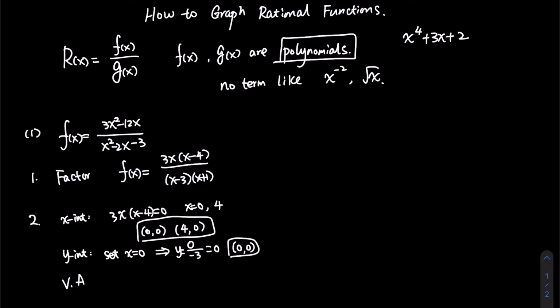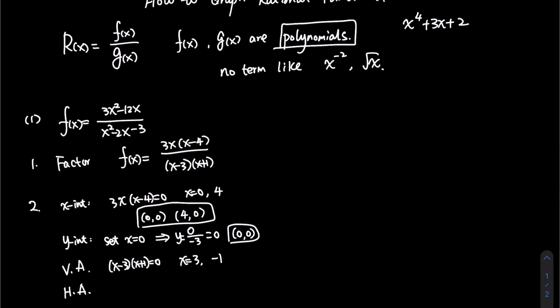Vertical asymptote. Why is there a vertical asymptote? x cannot be that number because when x equals that number, the denominator equals 0. So we set the denominator equals 0. So x equals 3 and negative 1. Horizontal asymptote, we just need to find the limit as x approaches positive or negative infinity of f of x.